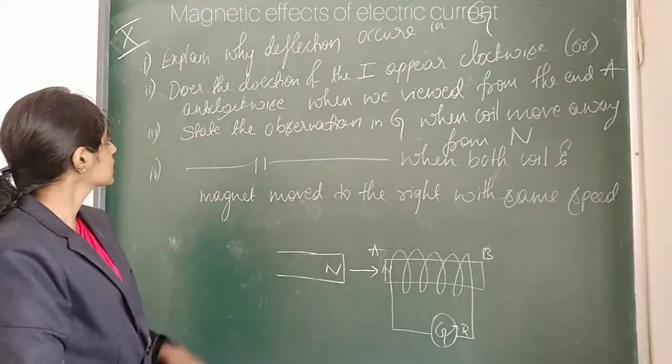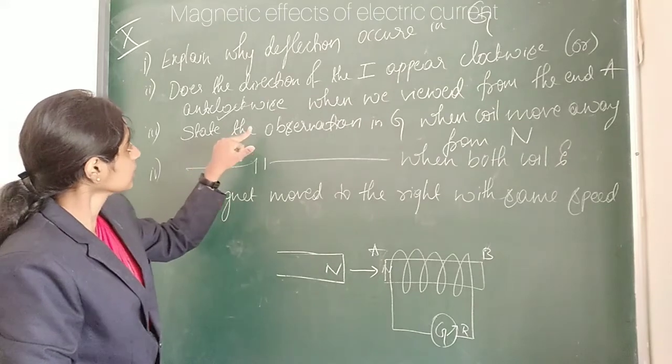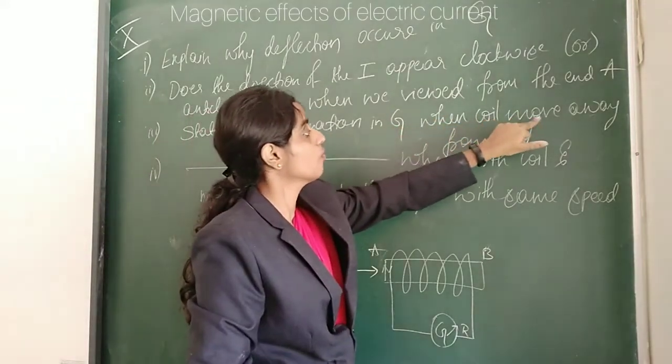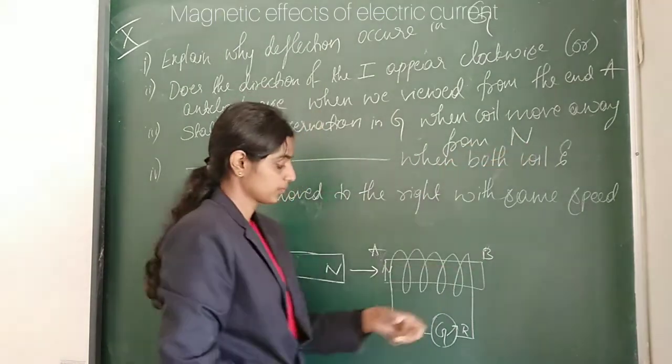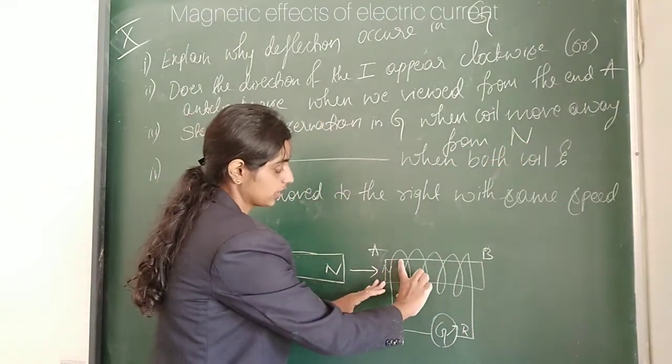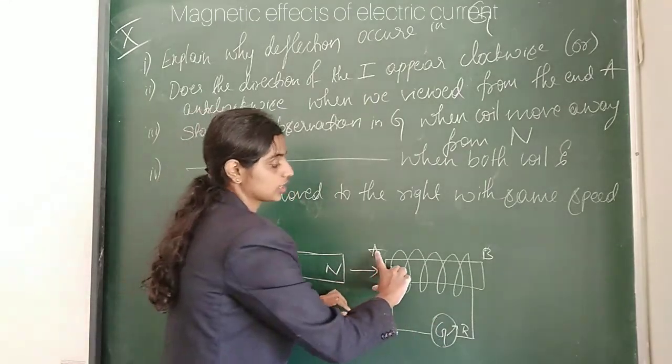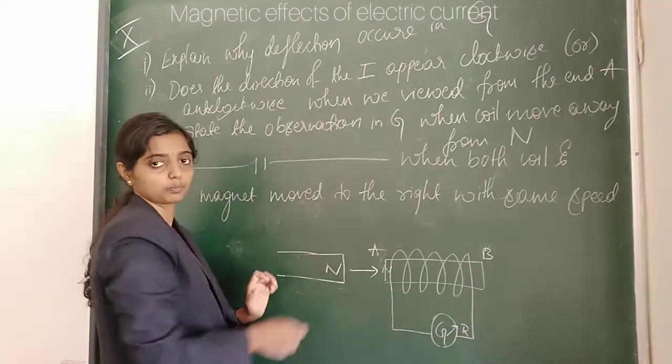And the next question: state the observation in the galvanometer when the coil moves away from the north pole. So this is a coil. We need to observe the galvanometer, what happens when it starts to move away from the north pole.